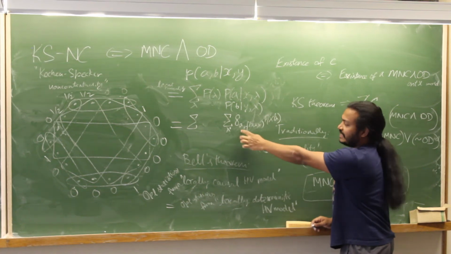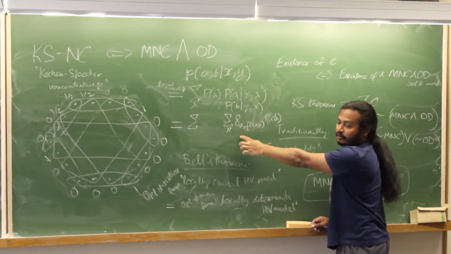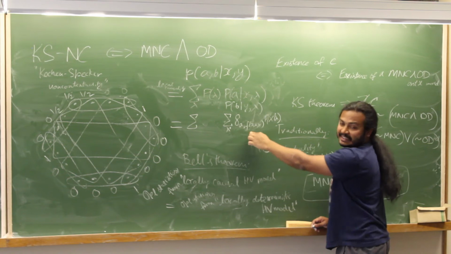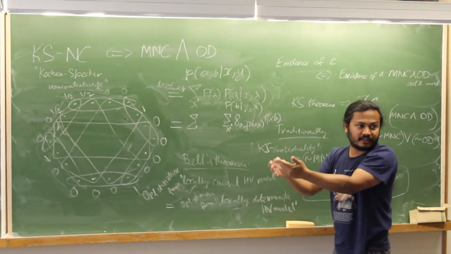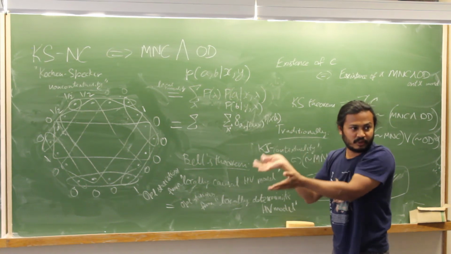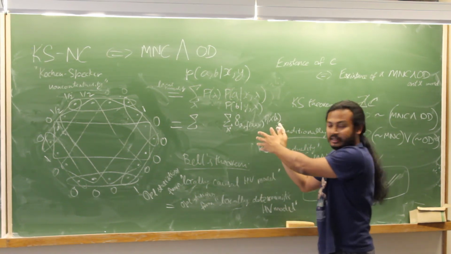So you're basically de-randomizing this thing by thinking of it as a convex hull of deterministic assignments. Any stochastic map can be thought of as a convex mixture of deterministic ones. That's what I'm trying to say here, right?